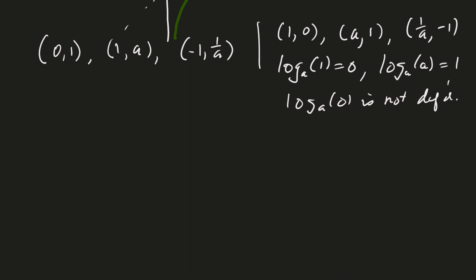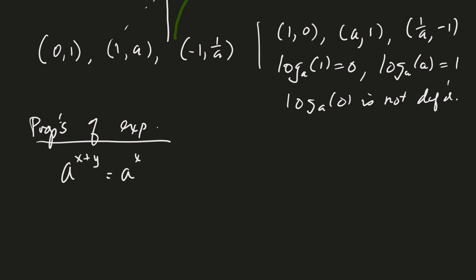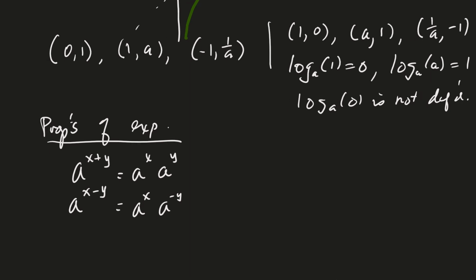So let's take a look at some properties of the exponential, and then we'll look at properties of the log. So properties of the exponential. If I have a to the x plus y, that's a to the x times a to the y. Or a to the x minus y is a to the x times a to the minus y. And a to the minus x is 1 over a to the x.